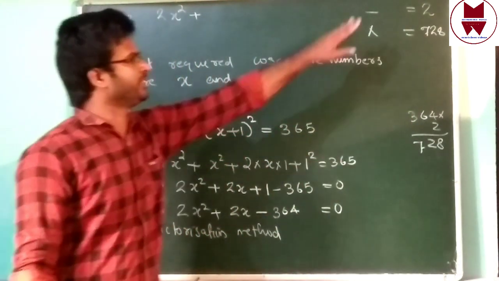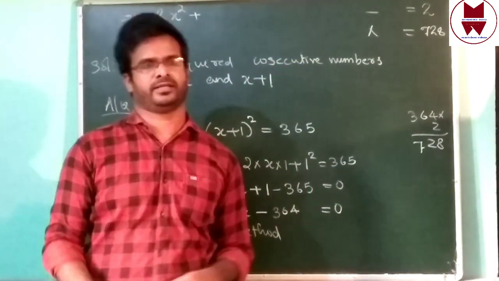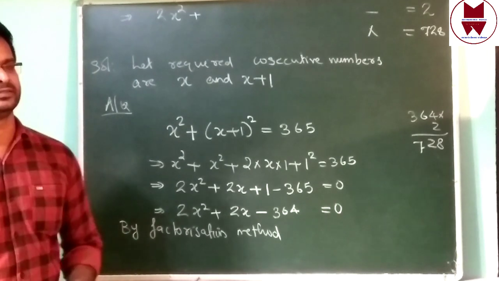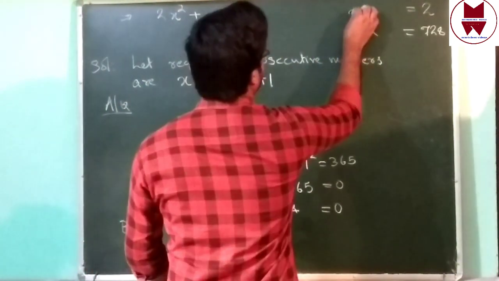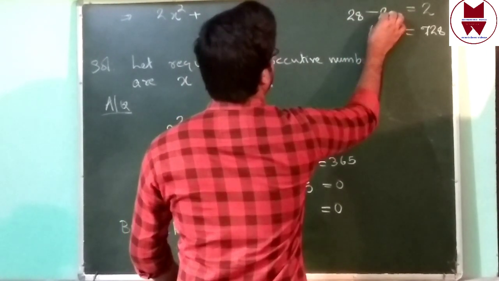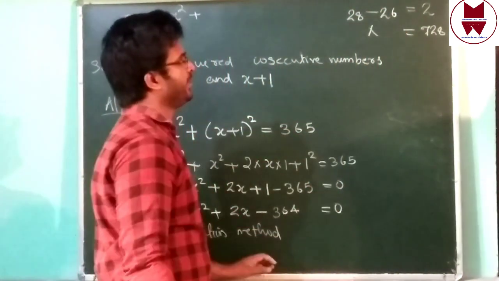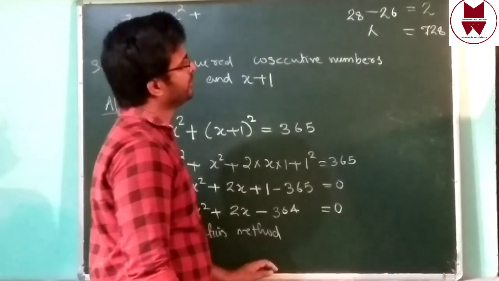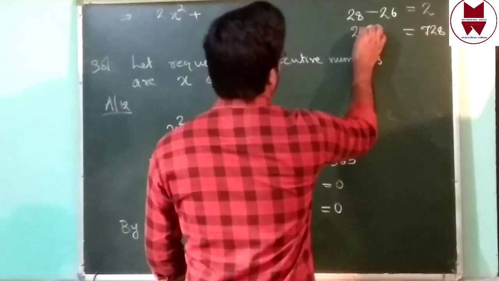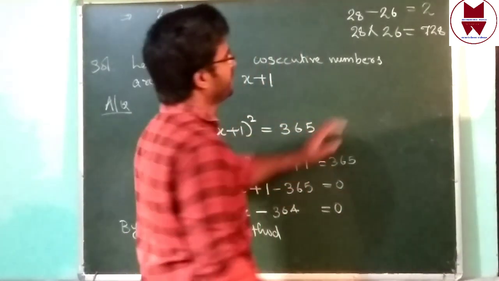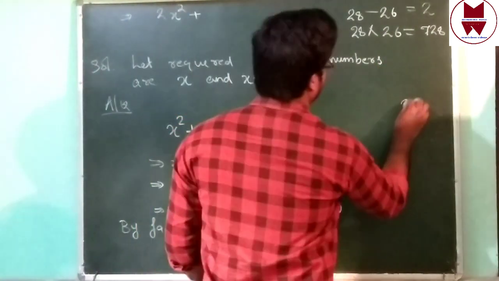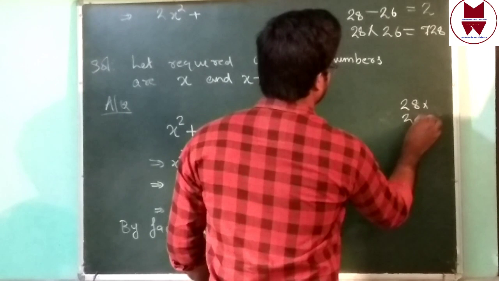When you subtract, we need answer 2, and when you multiply, we need answer 728. Which are the numbers? Now we can use 28 and 26. 28 minus 26, you will get 2. Then multiply 28 into 26, that time you will get 728. Take it 28, 26.